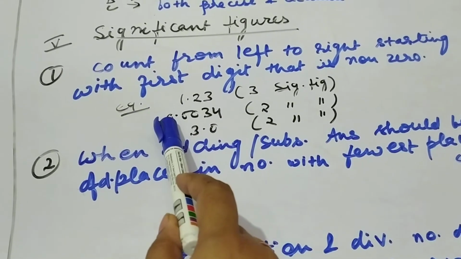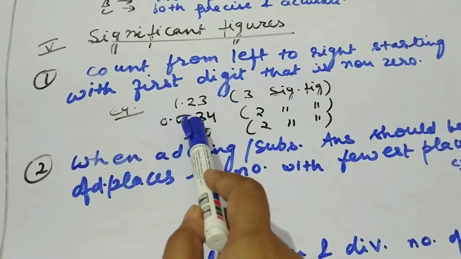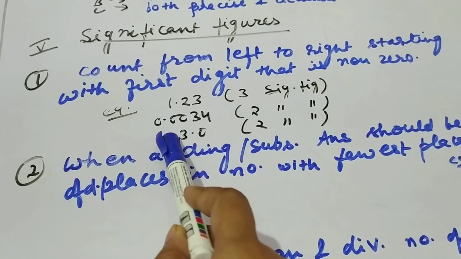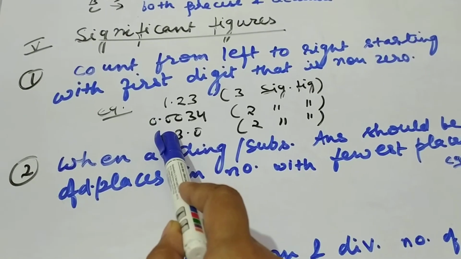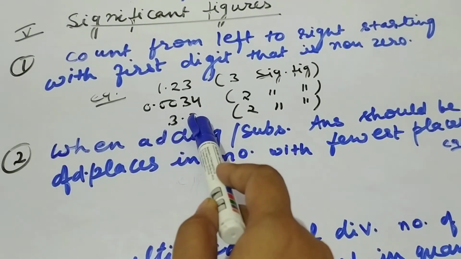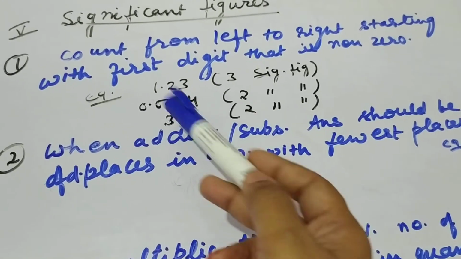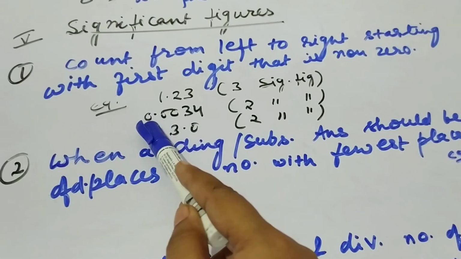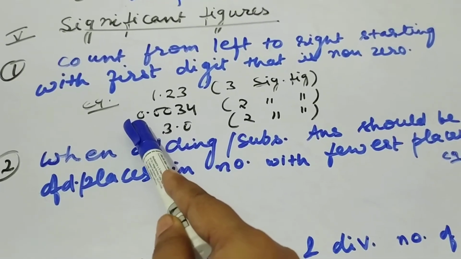In this case it is starting from 0, so we will not count 0, we will start from 3. 3 and 4, there are two significant figures. In this, the first digit is non-zero, so we will count from the first, 1, 2. There are two significant figures. So if 0 is after the first number, then you count it as a significant figure. If it is written previous to the number, then you do not count it.